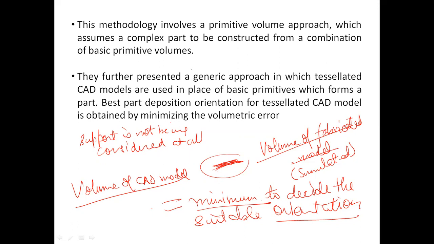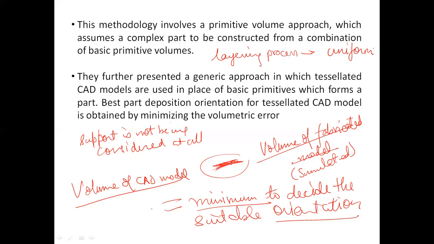So the layering process is considered to be uniform. So this method gave a far simplistic view of understanding how to define the part orientation, but there were some other constraints which were neglected in this process, especially the support structure.